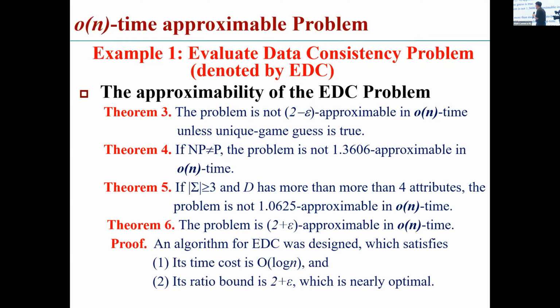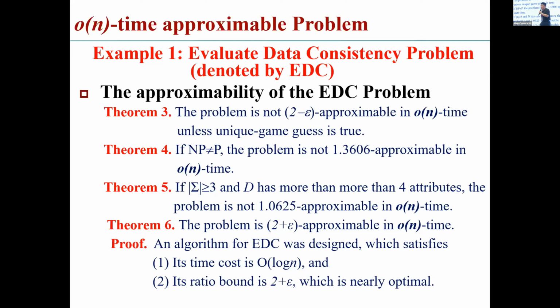So even though this is very hard, we can prove that the problem is (2 plus epsilon)-approximable in sublinear time. This is almost optimal: the 2 minus epsilon versus 2 plus epsilon.